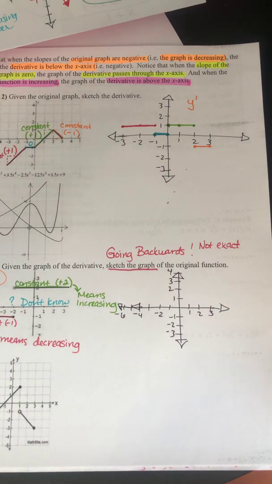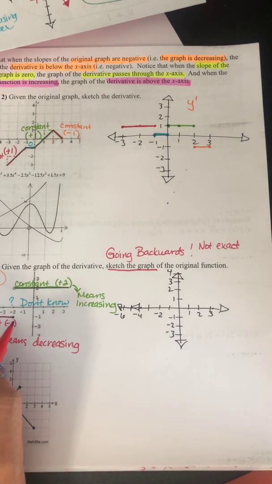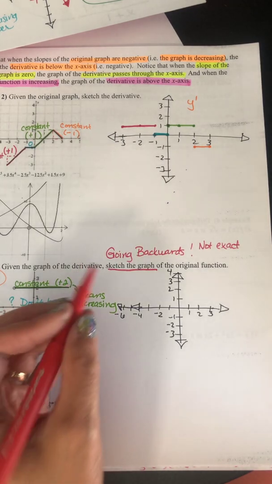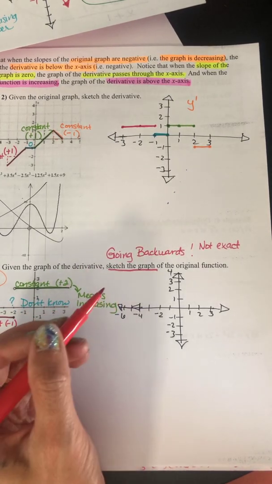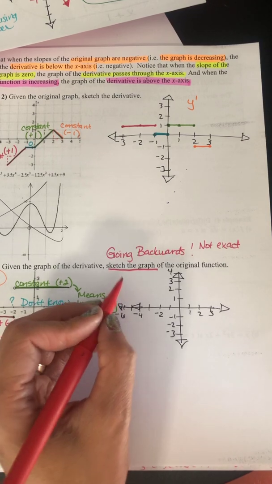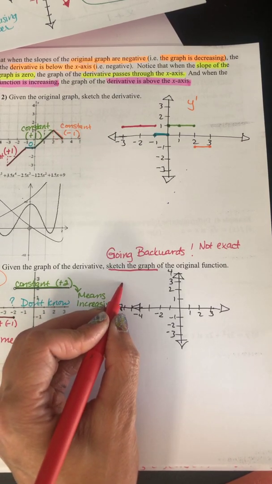All right, so for the first part of the graph, we know that we are decreasing from -6 to -2. Okay, but we're constantly decreasing. So constant means linear. Okay, so from -6, I'll just start up here. We're constantly decreasing until we get to -2.